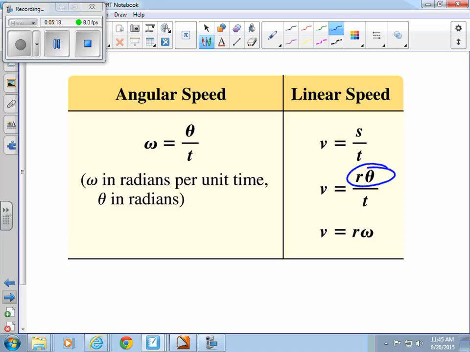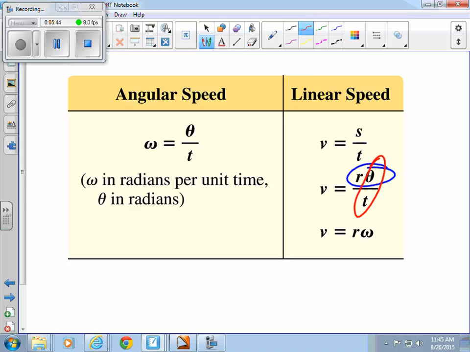So, if we know that, we can do r theta over time. The one weird one is the last one. What is theta over time? Omega.